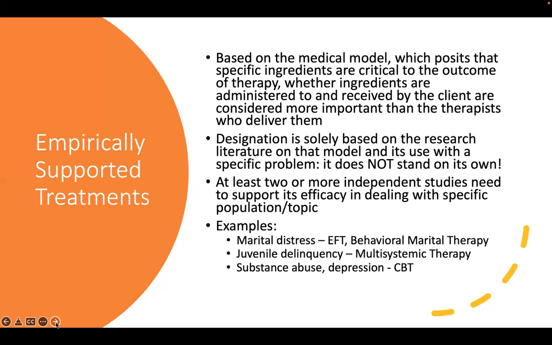We'll be learning about multisystemic family therapy, which has been empirically supported specifically with juvenile delinquency. CBT is empirically supported with substance abuse and depression, but it has also risen to the level of an evidence-based practice.